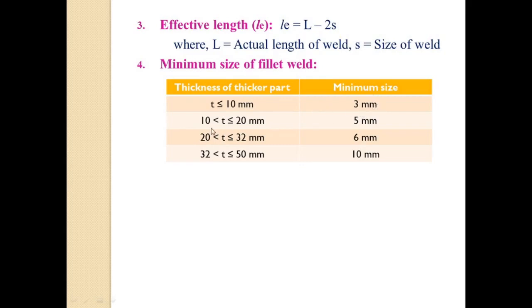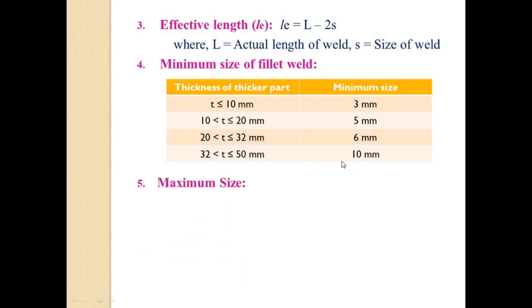If thickness is over 10 mm up to and including 20 mm, the minimum size of weld is 5 mm. If the thickness is over 20 mm up to and including 32 mm, the minimum size is 6 mm, and over 32 mm up to and including 50 mm, it is 8 mm or 10 mm. Generally we take 10 mm.